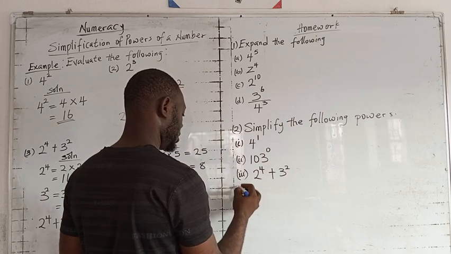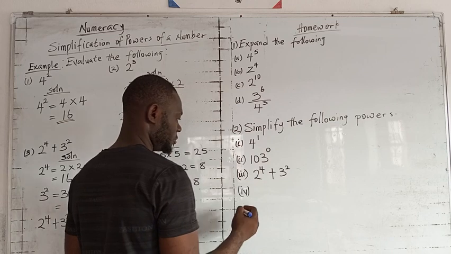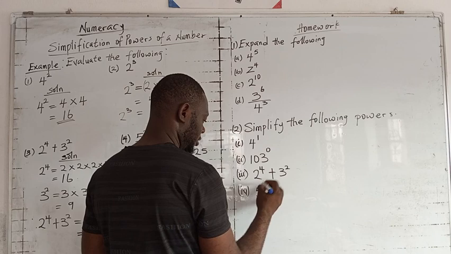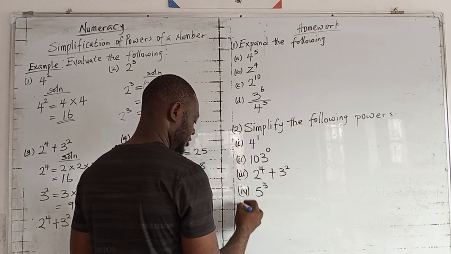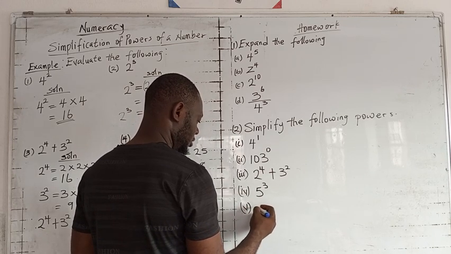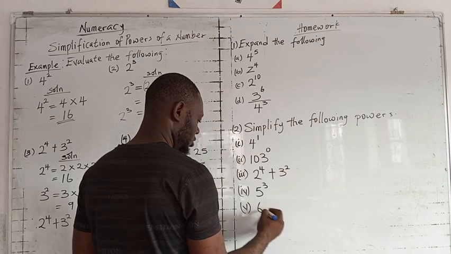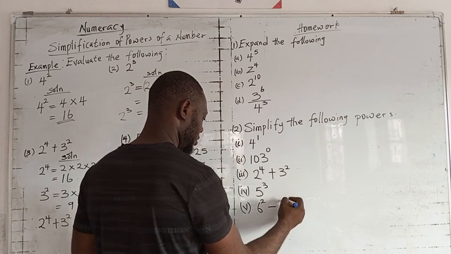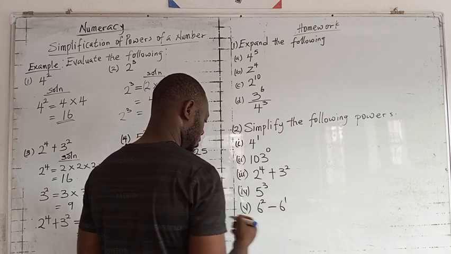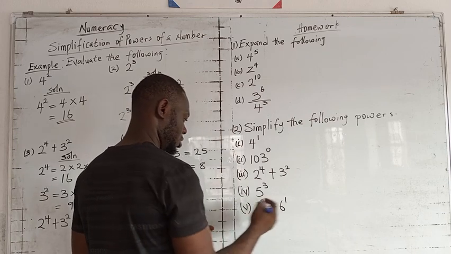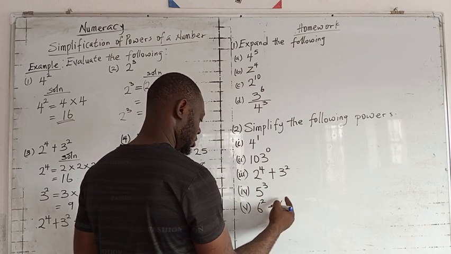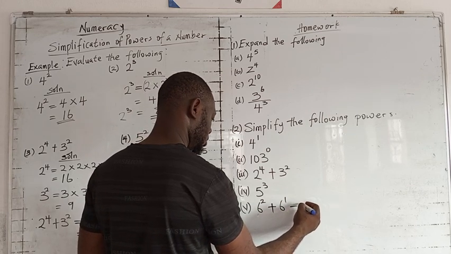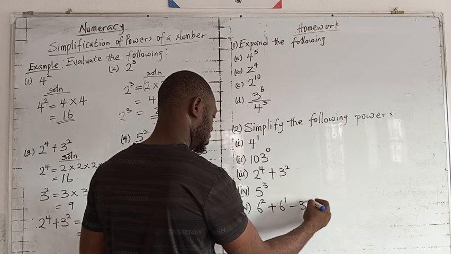IV, simplify 5 raised to the power 3, and V, simplify 6 raised to the power 2 plus 6 raised to the power 1 minus 36 raised to the power 0.